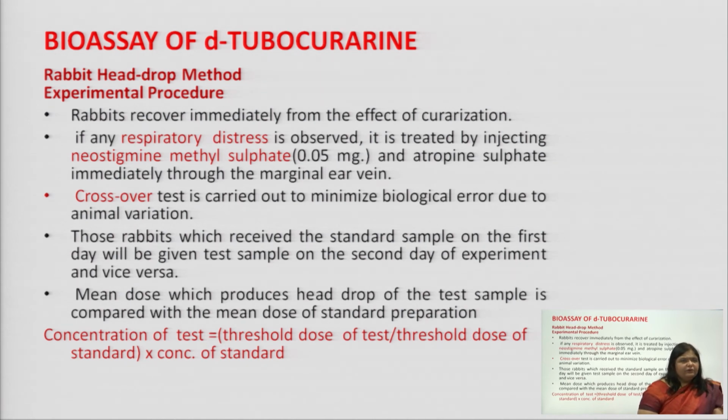We earlier also talked about crossover: the next day, the animals to which we had given the standard, we now administer the test to them, and the animals to which we had given the test dose, we now administer the standard dose. We compare the head drop, the amount of the drug which is required for the head drop, and finally we find out the concentration of the test by using the formula: threshold dose of the test which is required for the head drop, divided by threshold dose of the standard which we have used in our bioassay, which causes the head drop, multiplied by concentration of the standard D-Tubocurarine sample.